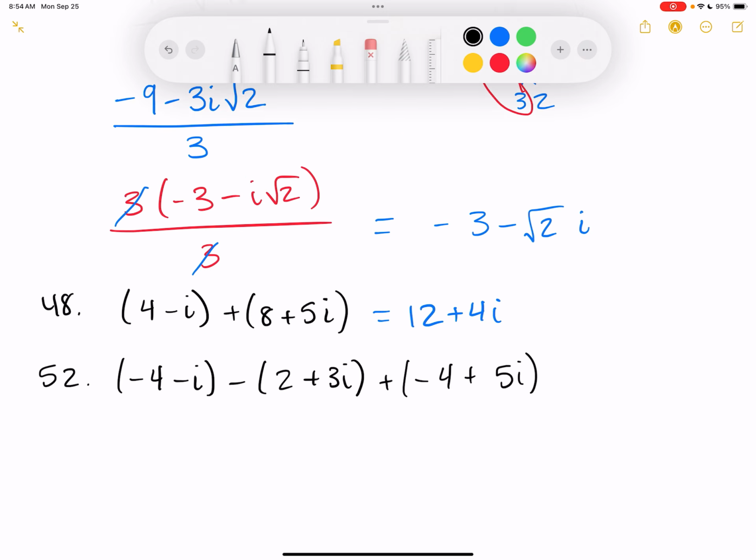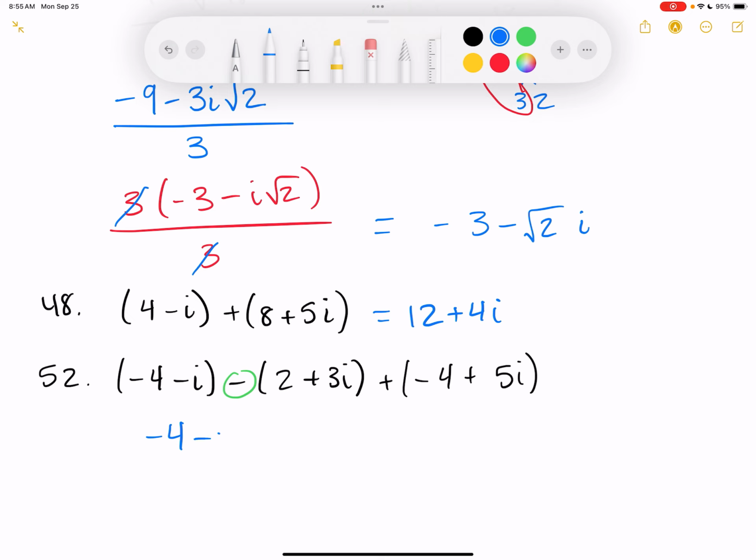What I like to do when I have a negative out here like this is to go ahead and actually multiply it through, and then I combine all the like terms after that, because otherwise what you have to do is be like negative 4 minus 2 plus negative 4, and I just feel like that causes a lot of issues, so I like to go ahead and rewrite it.